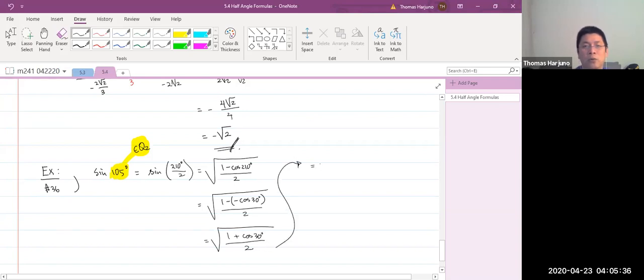That's equal to square root of 1 plus radical 3 over 2, over 2. Multiplied by the LCD, I get 2 plus radical 3 over 4, which then gives me 1/2 times square root of 2 plus radical 3.